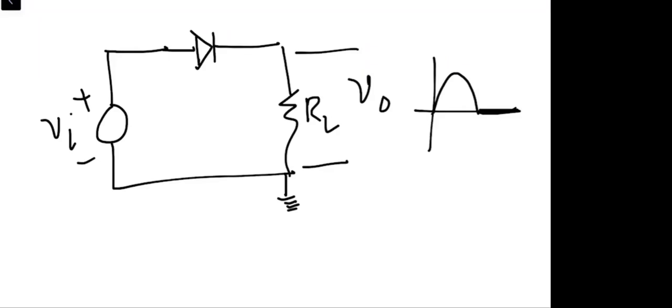Okay, now what if we add a V bias in series to this diode?